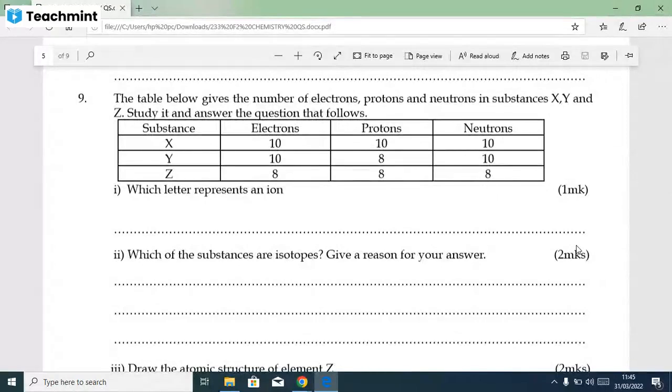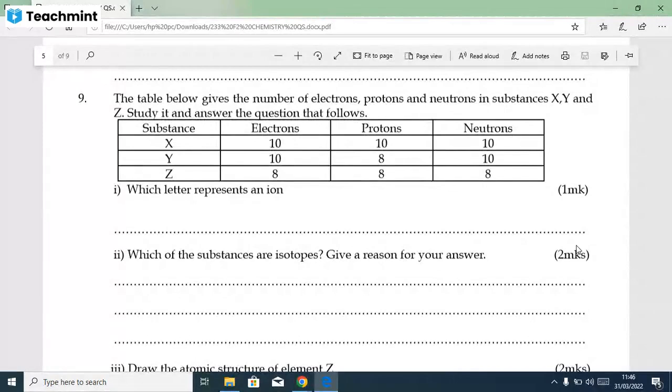The table below gives the number of electrons, protons, and neutrons in substances X, Y, and Z. Study it and answer the question that follows. Number 1: Which letter represents an ion? That is an ion.